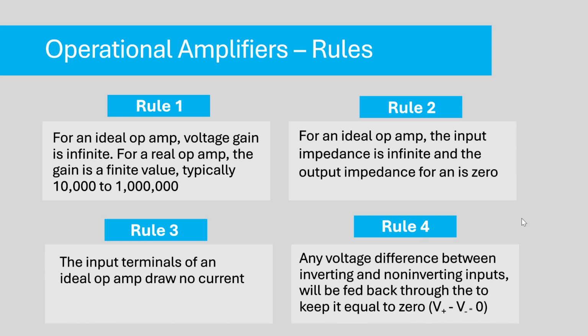And rule number 4: any voltage difference between inverting and non-inverting inputs will be fed back through the op amp to keep it equal to 0. Essentially what this is saying is that when we use feedback, there is a balancing act that occurs. When we first apply voltage through the operational amplifier, there would be no feedback currently.